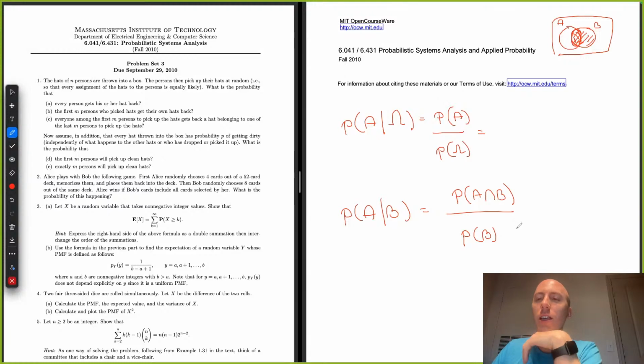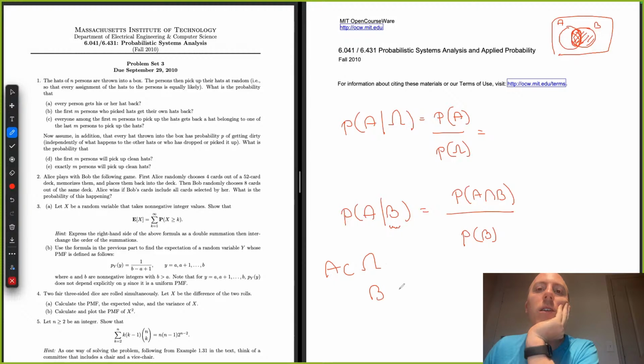Now we're just thinking about conditional probability, so we have to draw this picture. Conditional probability is defined within the same sample space, where A is a subset of omega and B is also a subset of omega. This is how conditional probability is defined.